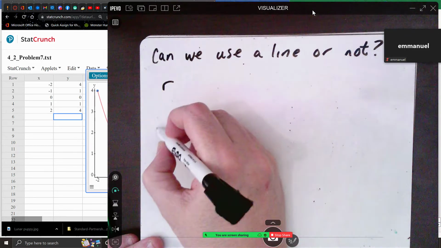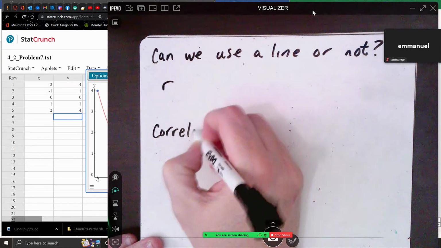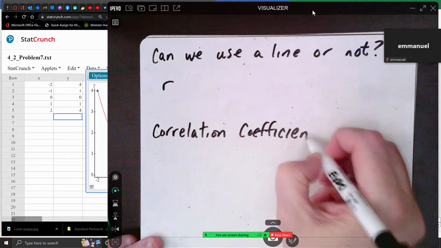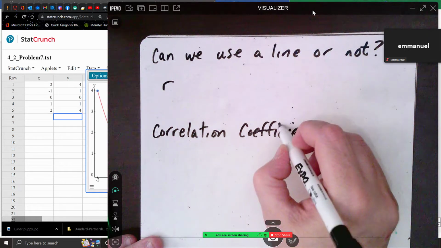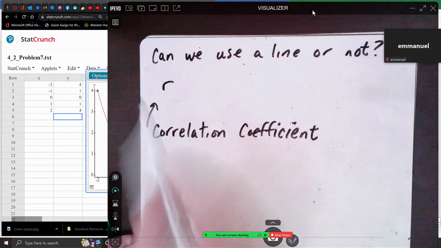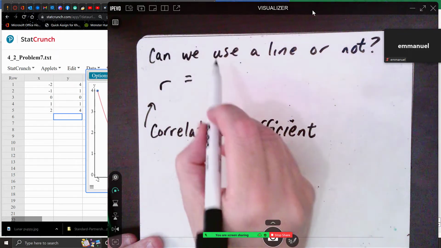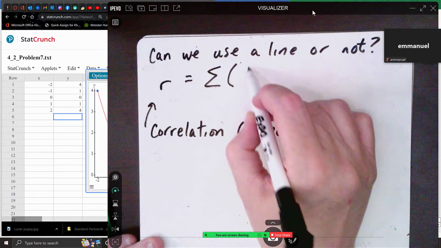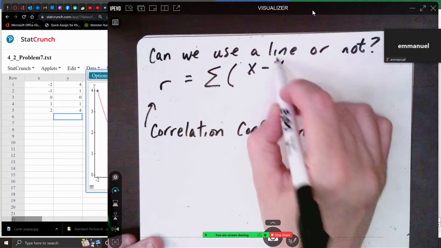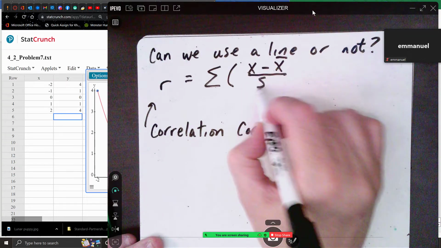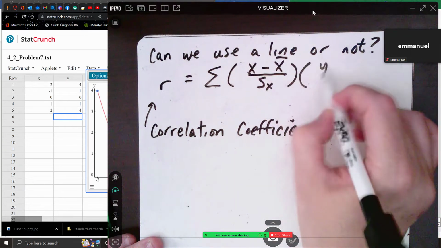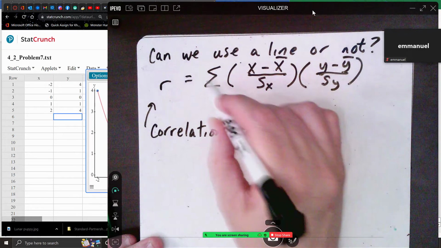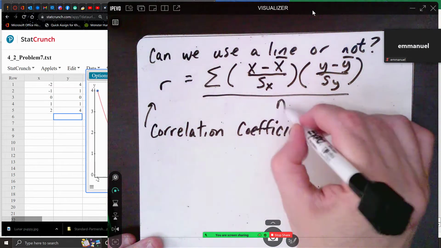R, which is called the correlation coefficient, is the sum of, and I have to look at my notes because I don't remember this one, x minus x bar over sx times y minus y bar over sy, all divided by n minus 1.